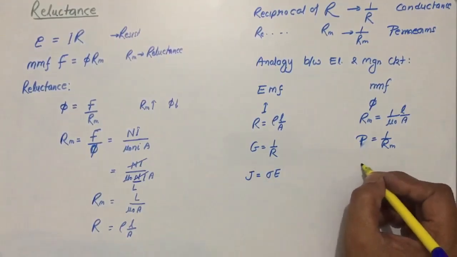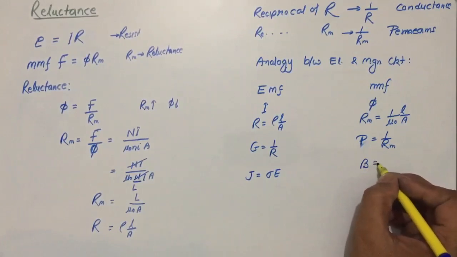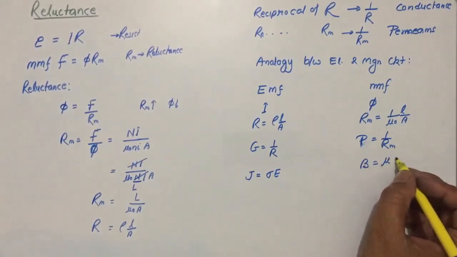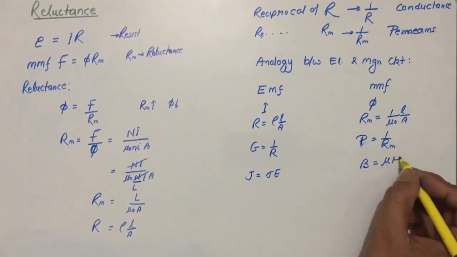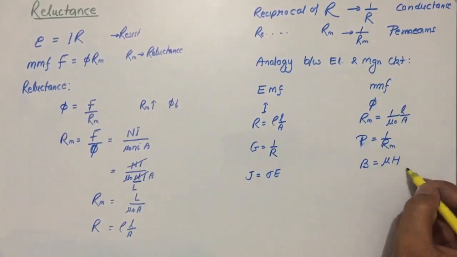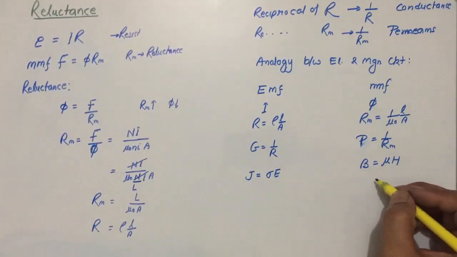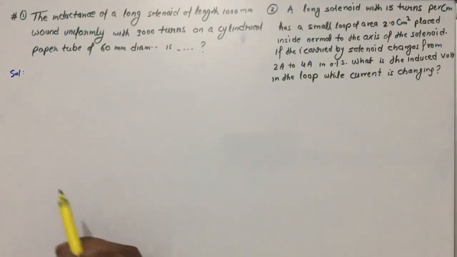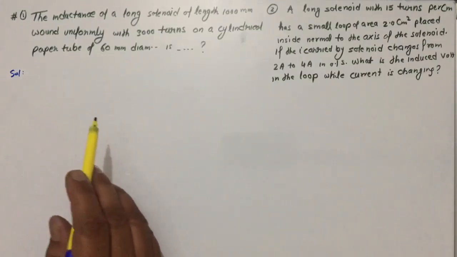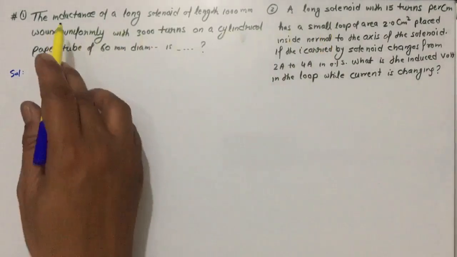Similarly, in a magnetic field, B is equal to mu H, where H is the magnetic field intensity and B is the magnetic flux density.